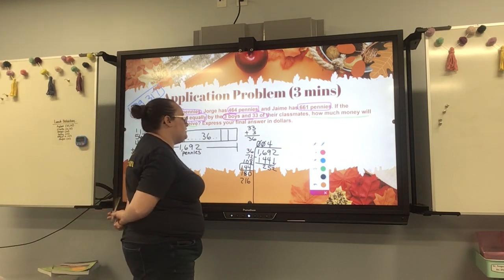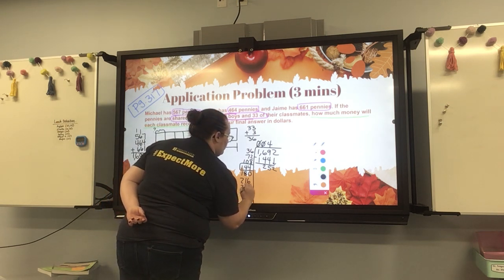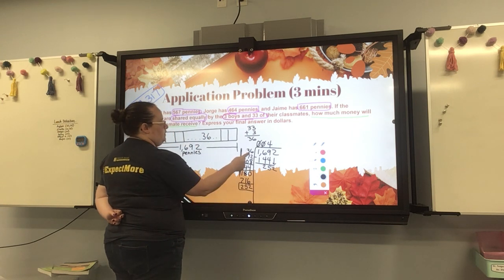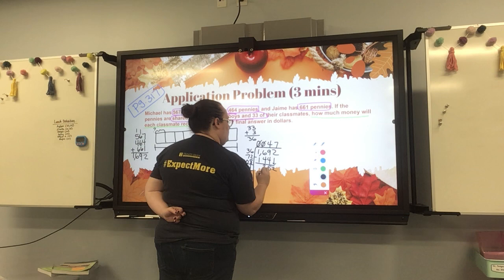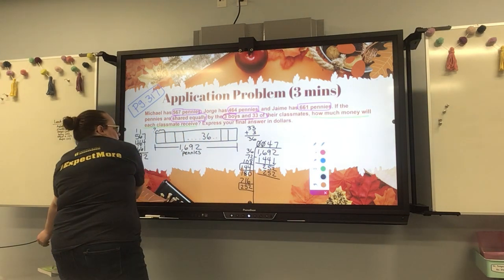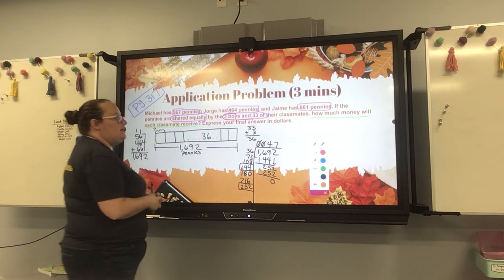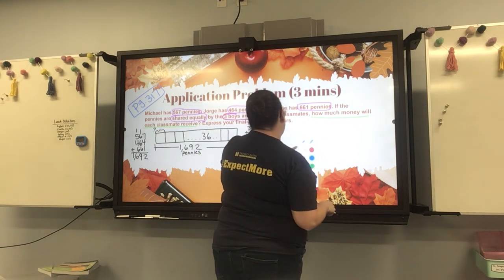After 216 would be 252. So 252 is on my list. It is the 1, 2, 3, 4, 5, 6, 7th number. I'm going to write 252. And then I would subtract and get 0. Am I done? No, because I have to write my answer in a complete sentence.